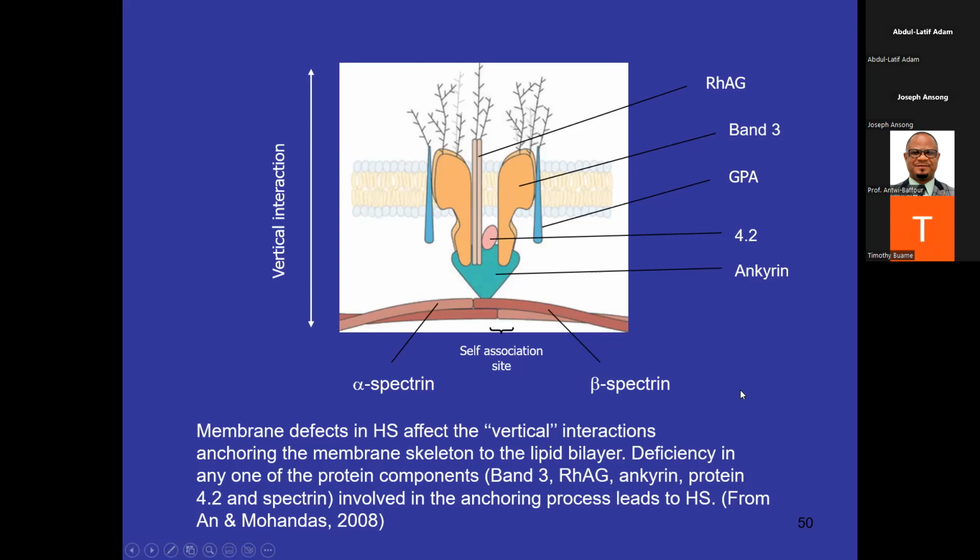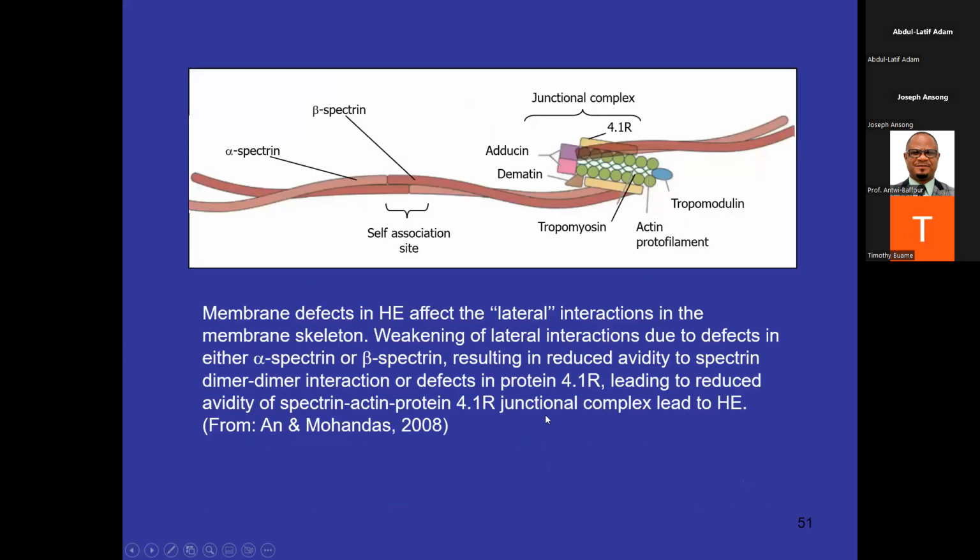Okay? Then, hereditary elliptocytosis is the lateral. That's the lateral protein here.